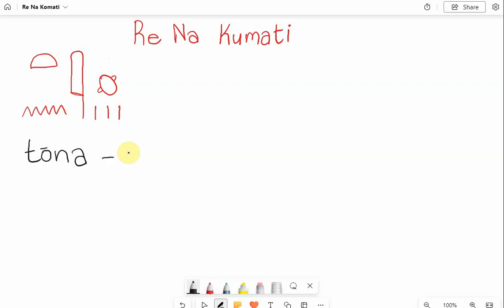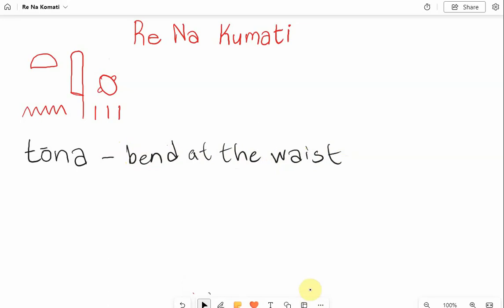To bend at the waist, which is what you saw in the other glyphs, with the glyphs with the old men determinative.